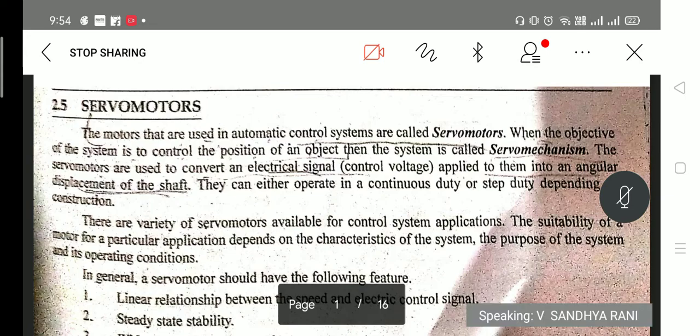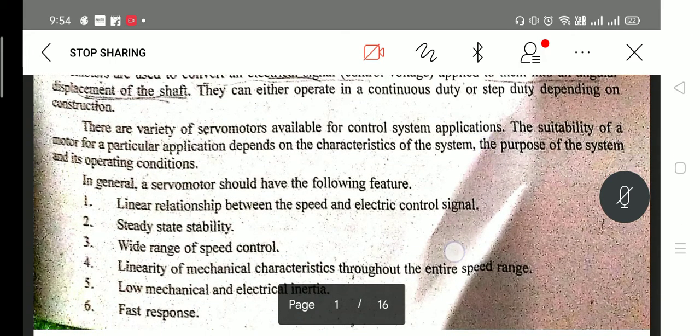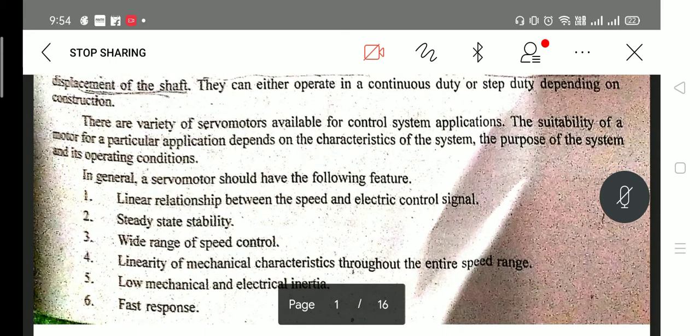In general, the servo motor has some features. We have a linear relationship between speed and control signals, so we can control the speed of the machine. Whenever the object comes, at that time only the object will be cut or the liquid filled.